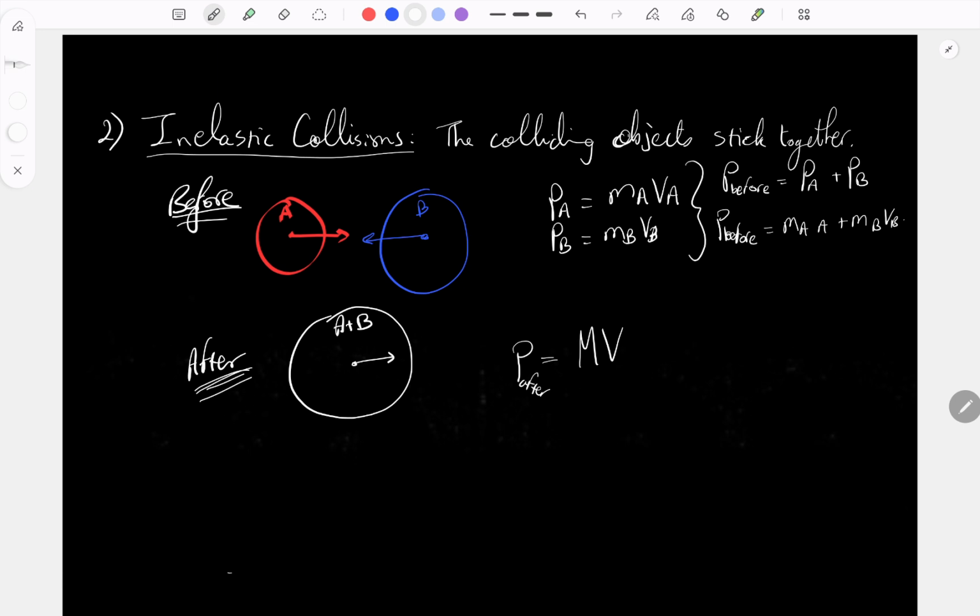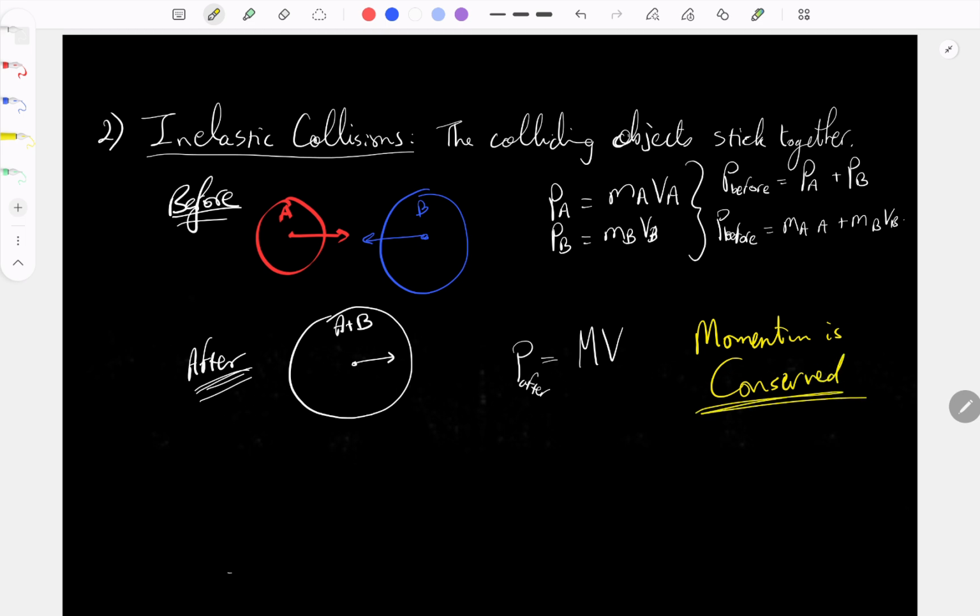Now here's the interesting thing. This is where we draw the comparison between the before and the after image of this collision. We know something extremely important. We know that momentum is conserved.